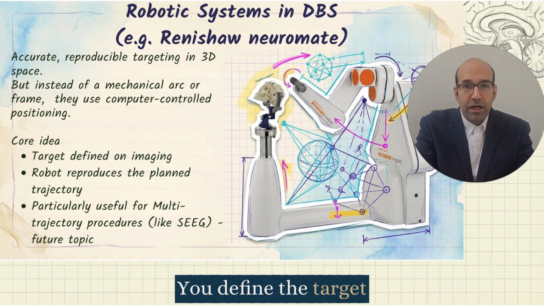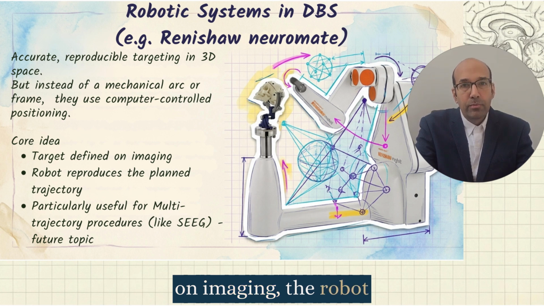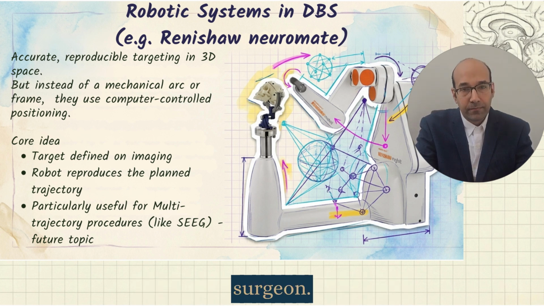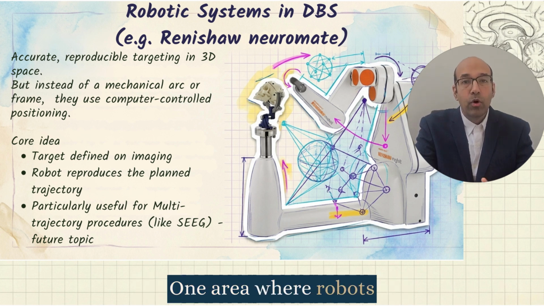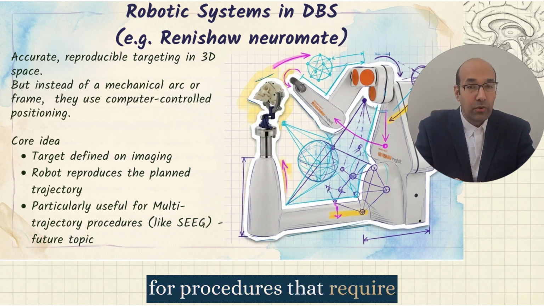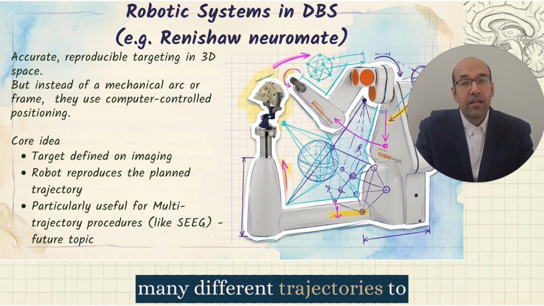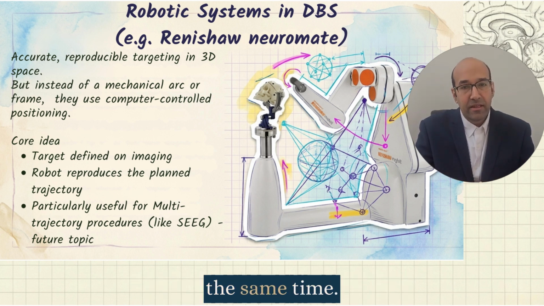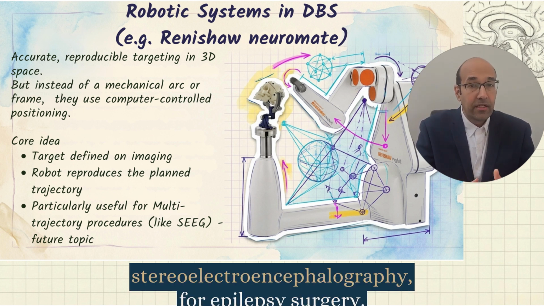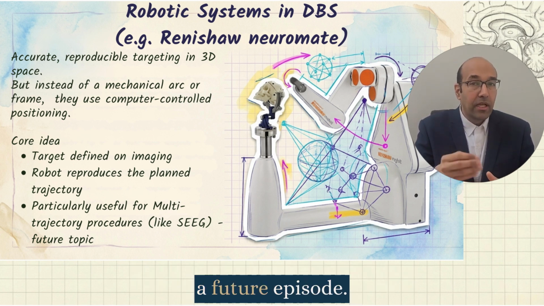You define the target on imaging, the robot positions itself with high mechanical precision and holds that position for the surgeon. One area where robots are particularly useful is for procedures that require many different trajectories to many different targets at the same time. A good example of this is SEEG, or stereoelectroencephalography for epilepsy surgery. We'll cover that in a future episode.